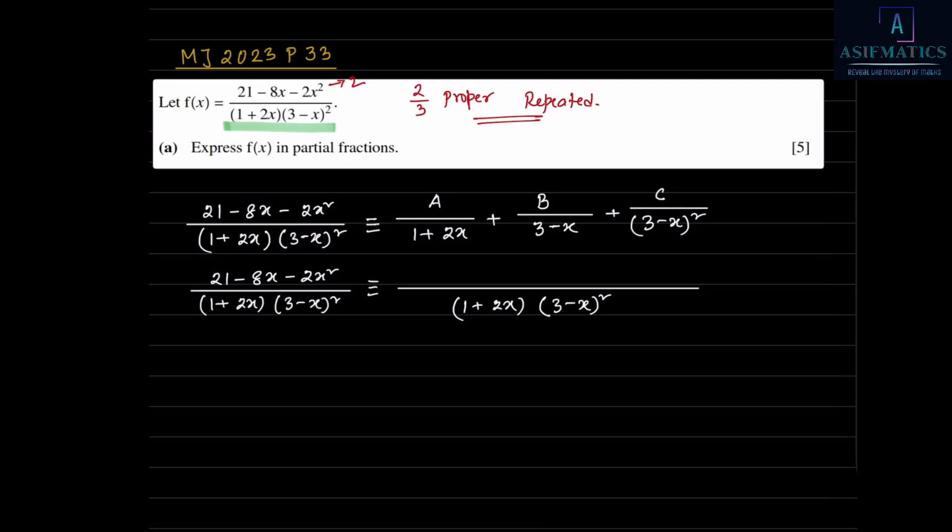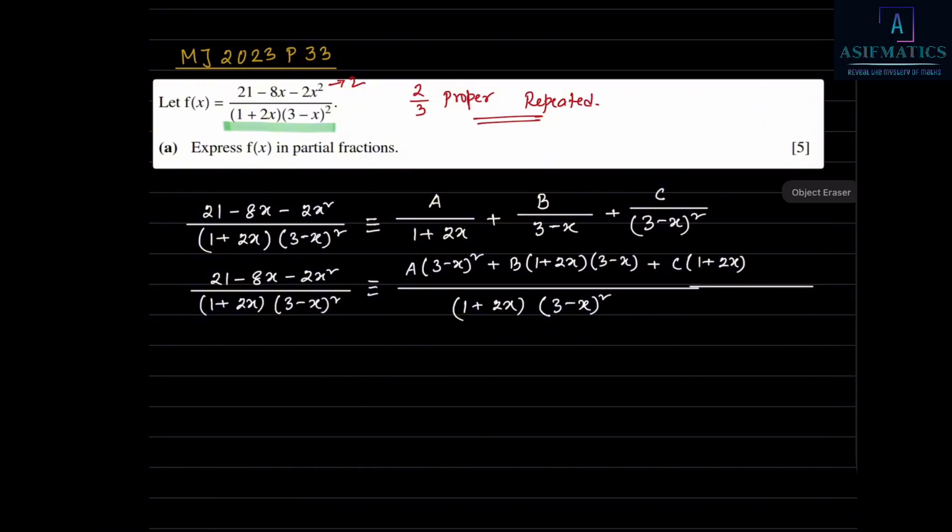So here we can write a times (3 minus x whole square) plus b times (1 plus 2x) into (3 minus x), and then we have plus c times (1 plus 2x).